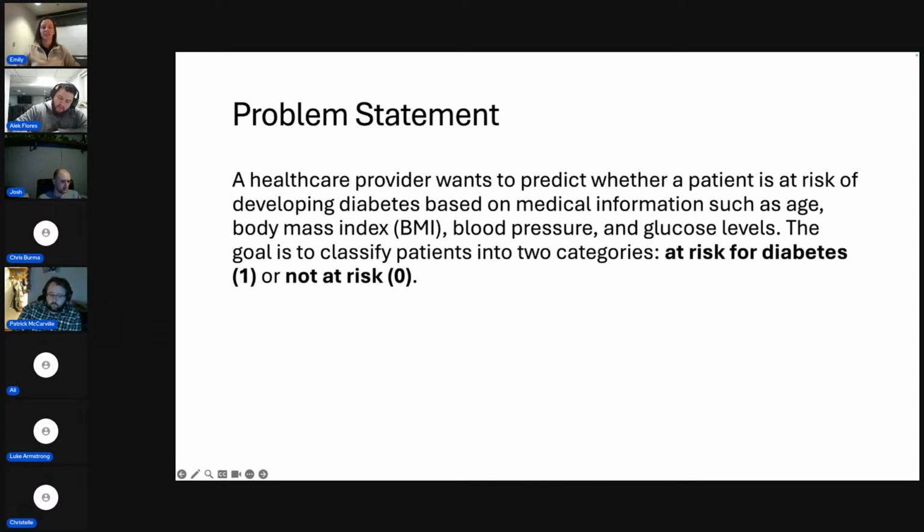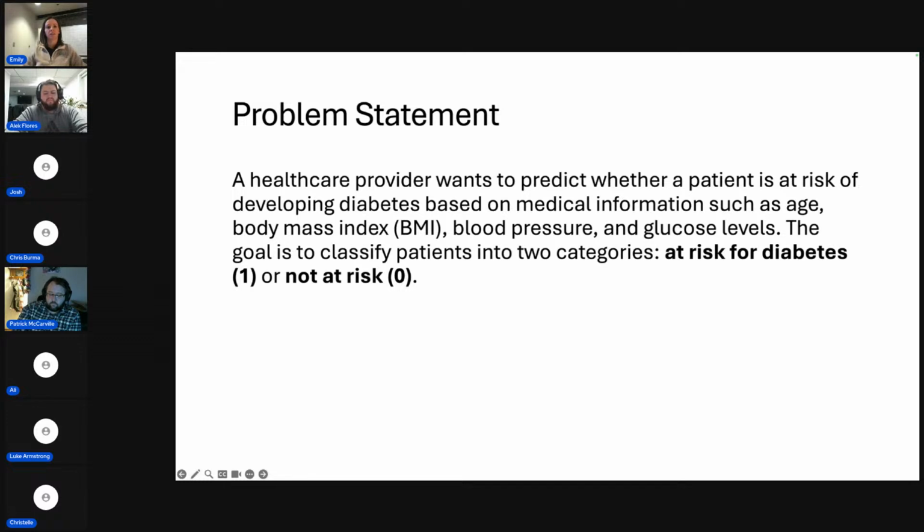Let's start with this problem statement here. We're actually going to use the diabetes example, but instead of being a numerical output, we're going to think about it as 1 or 0. They're either at risk for diabetes or they're not at risk for diabetes.